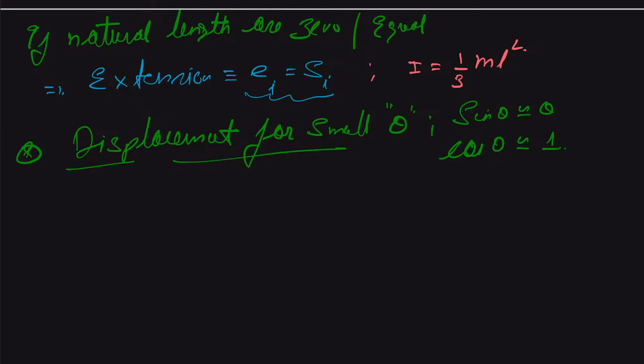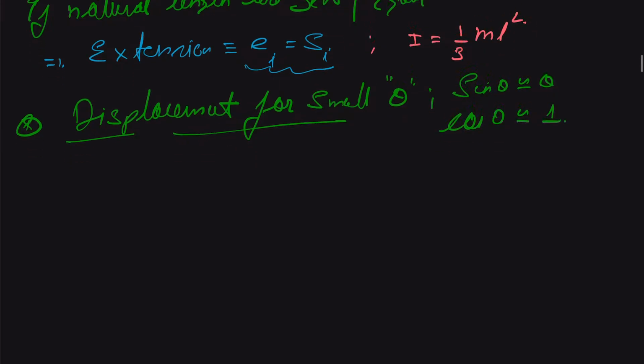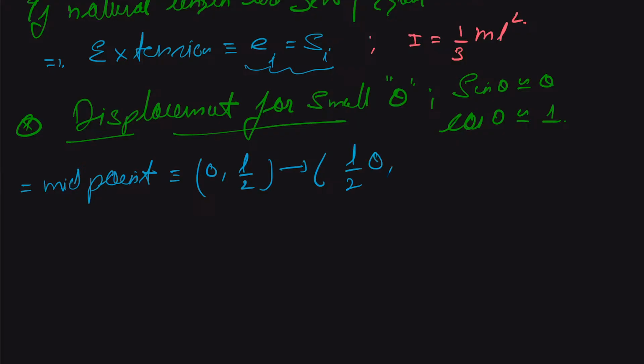And for midpoint, top and center of mass, everything will be the same. The only difference is the springs, where additional 2 springs are there. So for midpoint, it is moving from 0, L/2 to L/2 sine theta, which we can write as L/2 theta, and L/2 cos theta.